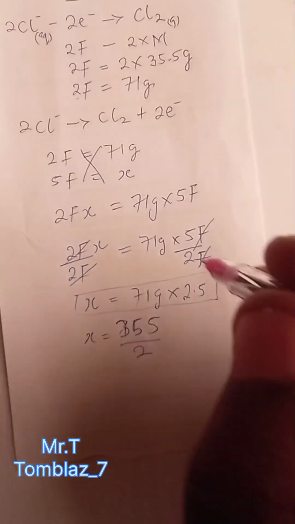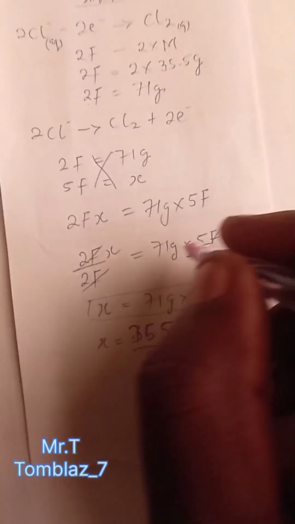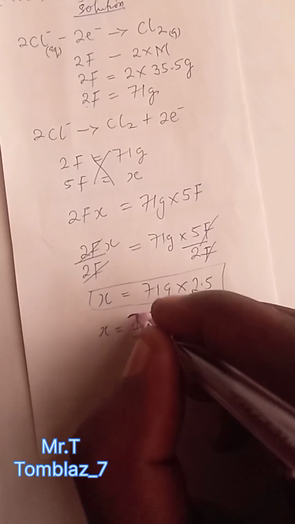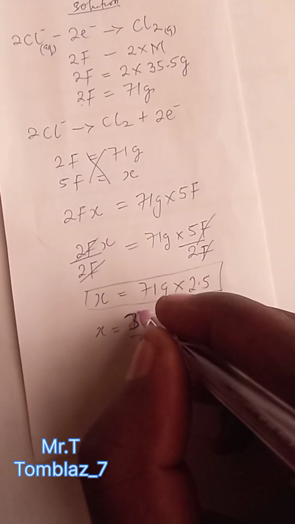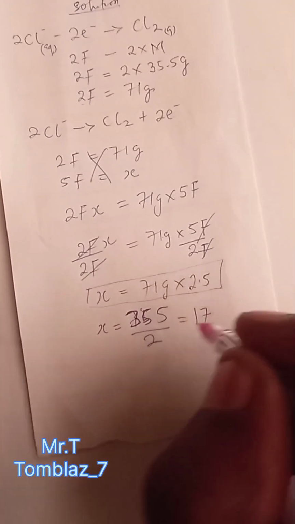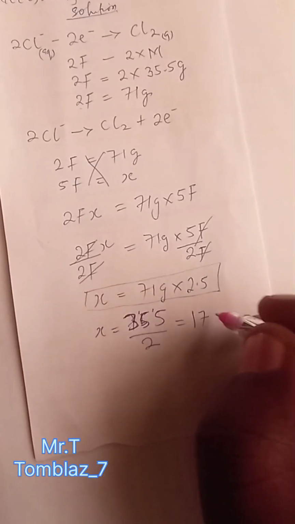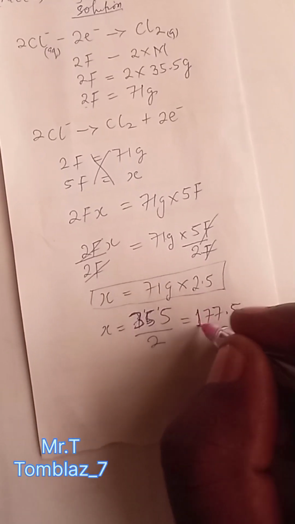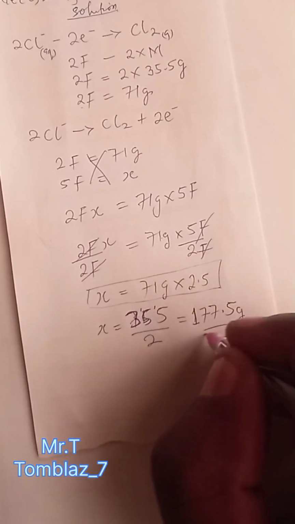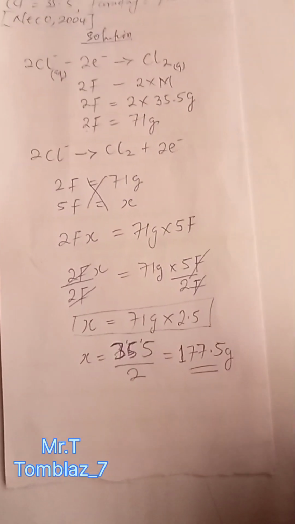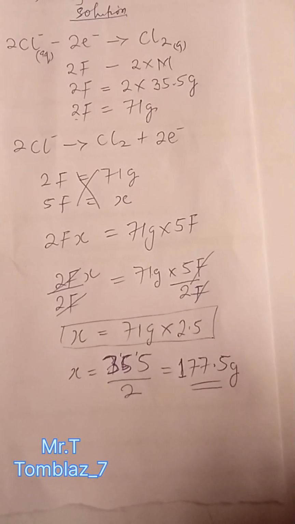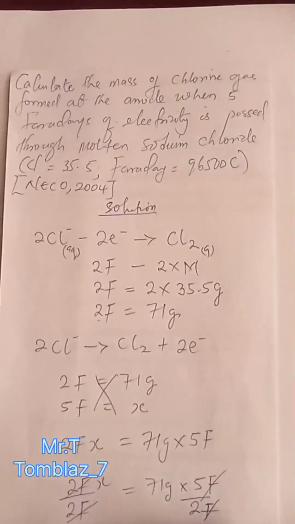Because 5 times 1 is 5, and 5 times 7 is 35. If we divide it by 2, 2 into 3 is 1 remainder 1, 2 into 15 is 7 remainder 1, 2 into 15 again is 7, then 0.5. So it's going to give us 177.5 grams.